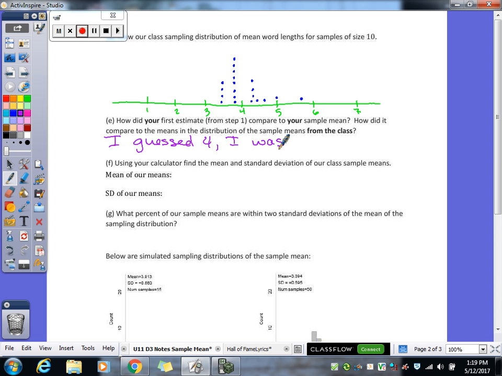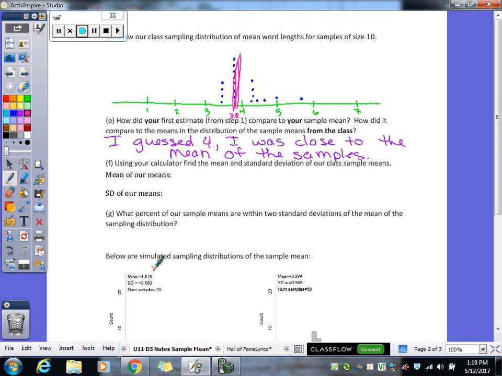I was close to the mean of the samples. Because if we look for the mean of our samples, that's going to be approximately right in the middle. It's looking kind of like it's going to be here, about 3.8-ish. And when I had done this earlier myself, I had picked 4, so I was pretty close with my 4.